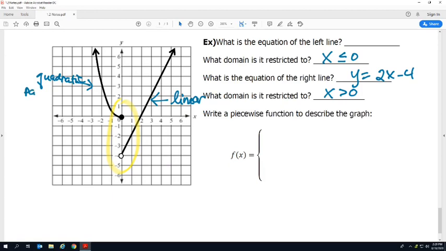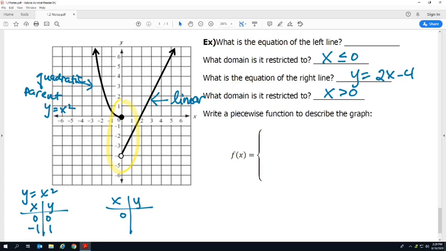So remember your parent function for the quadratic was y equals x squared. And if you think about the y equals x squared graph, when you do your table, you have a point at (0, 0). I'm going to choose some negative values because this goes to the left of 0. So at x equals negative 1, you should have a y value of 1. Well, this particular table or graph, we have the (0, 0) point, but then the next actual point that we have is right there.